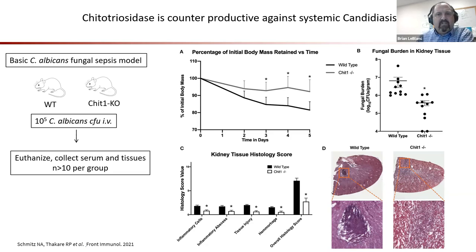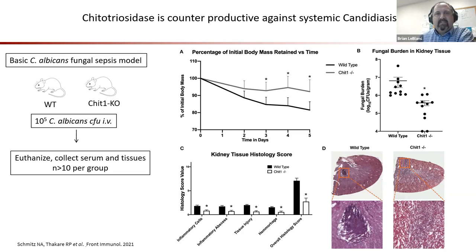And so along with the decreased fungal burden, they also had a much decreased histology score. We looked at the kidney using H&E stain and scored it for inflammatory cells, inflammatory abscess, tissue injury, and hemorrhage. And in each case, there was a significant protection, it seems. There was less inflammation in these kidneys compared to the wild type.